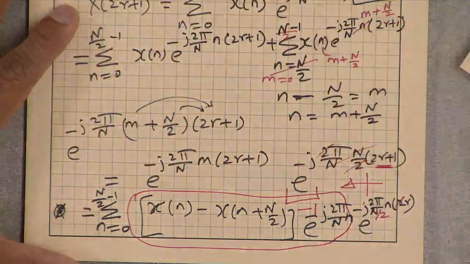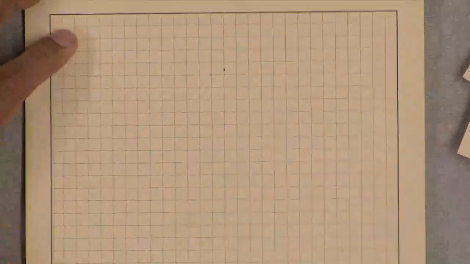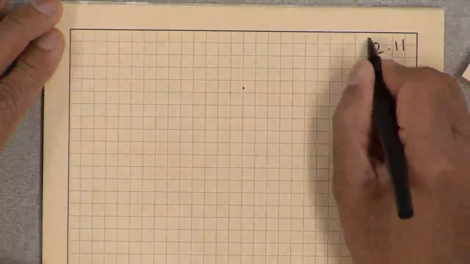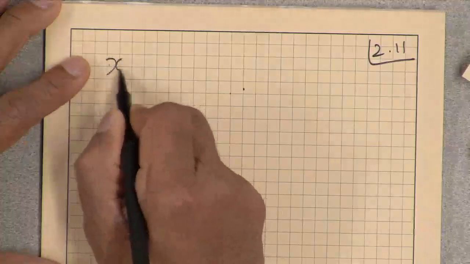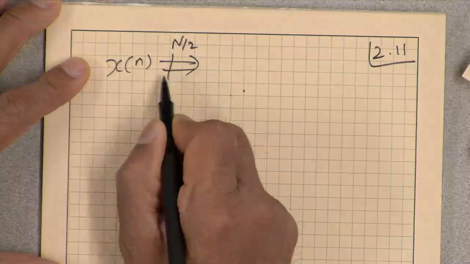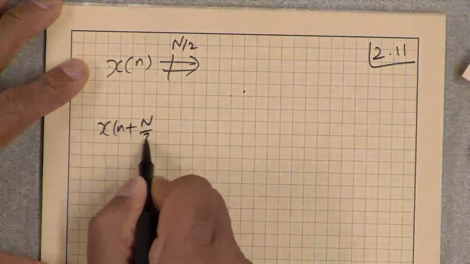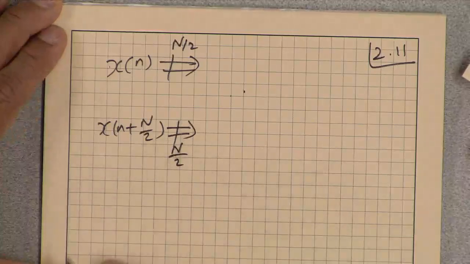So let me just show you at a high level what it looks like. So we have x[n], which are the first N by 2 samples, and x[n plus N by 2], which are the next N by 2 samples.